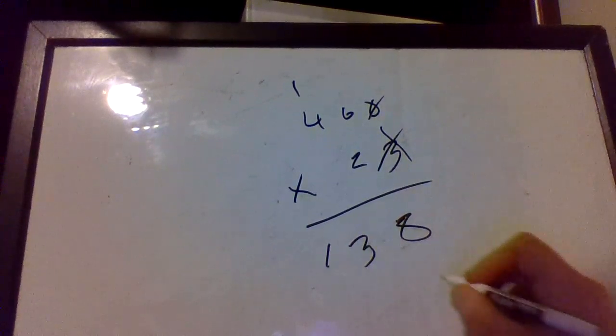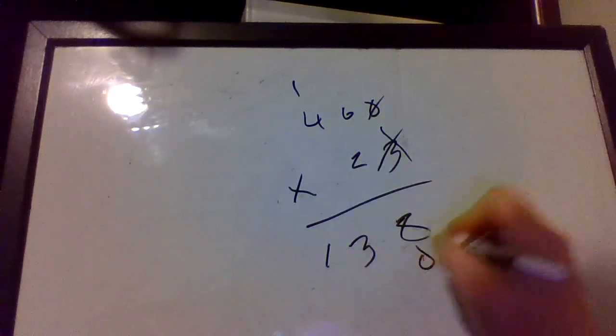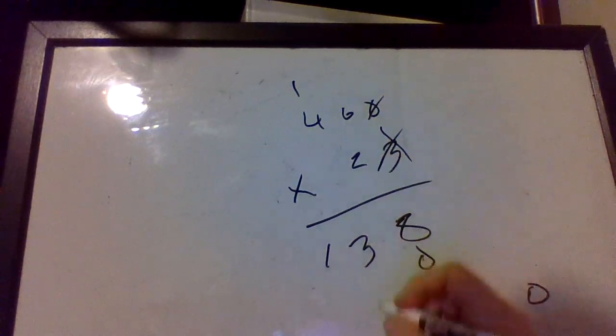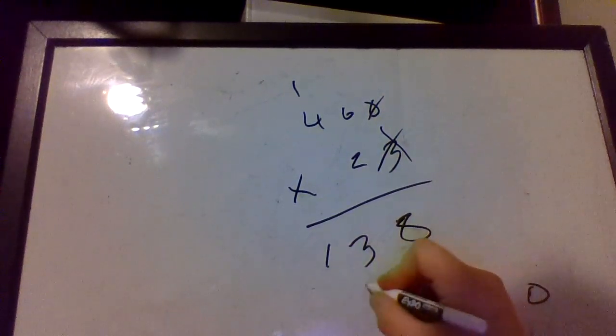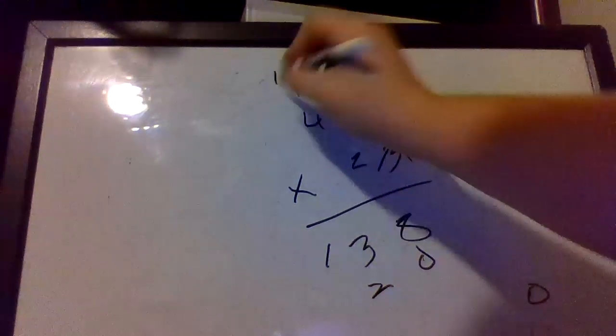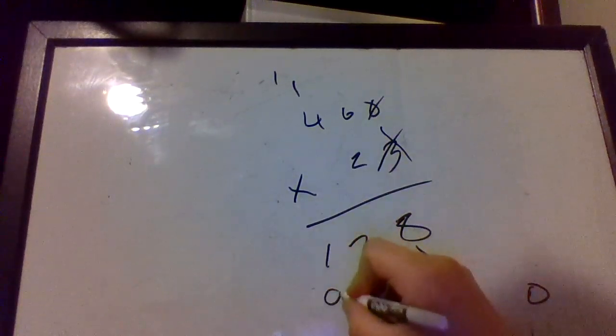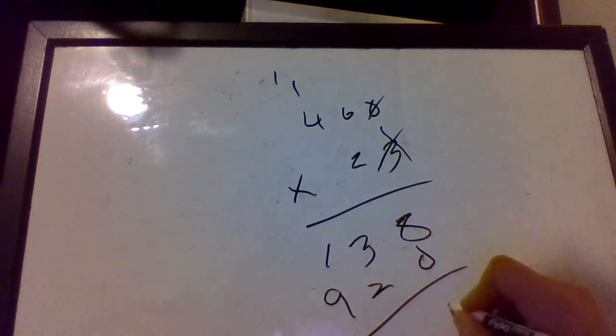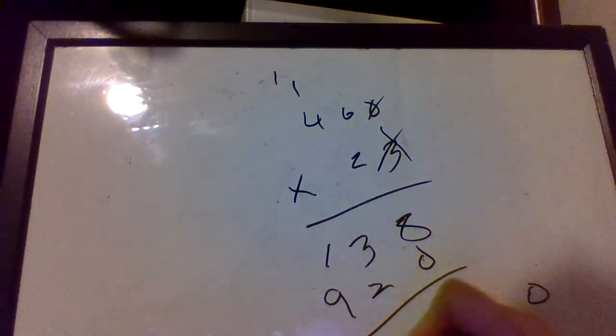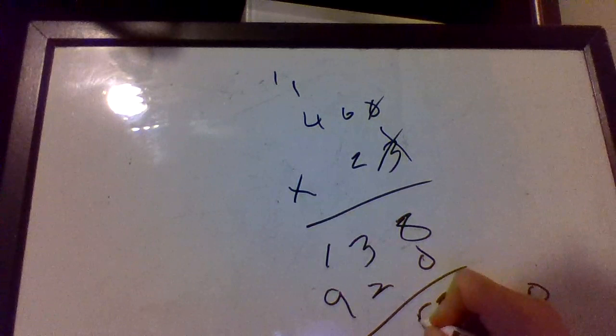Now we need to add a 0, just like we always do. 6 times 2 is 12. Carry the 1. 4 times 2 is 8, plus 1 is 9. So now we're going to add those. 8 plus 0 is 8. 3 plus 2 is 5.